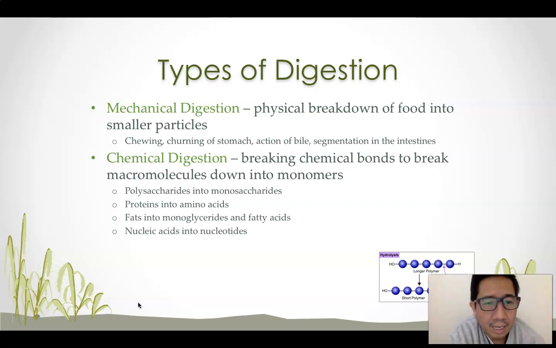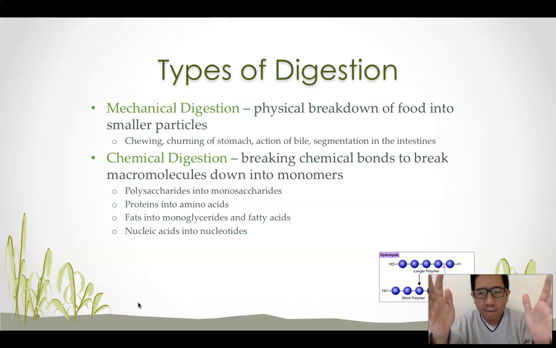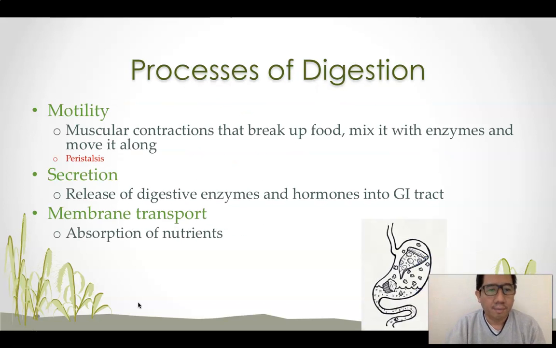Okay. And chemical digestion, we're going to talk a lot more about that in this lecture, is breaking things down from a huge molecule to smaller and smaller molecules, by using different chemicals. Motility, the key word to remember for motility is peristalsis. Peristalsis means moving your food from your mouth all the way down to your anus.